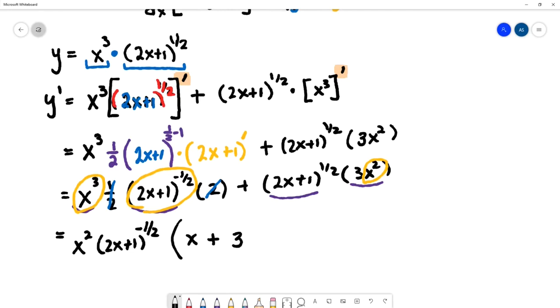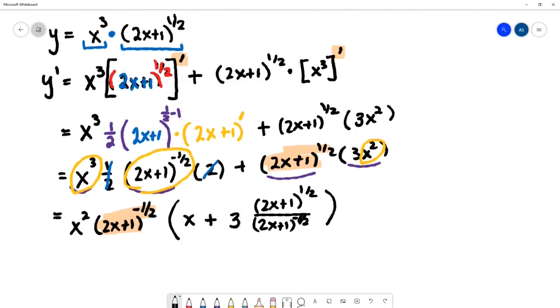And for the 2x plus 1 to the 1/2 power, this is the part that confuses most people. We would have 2x plus 1 to the 1/2 divided by 2x plus 1 to the negative 1/2. When you're factoring it out, you're dividing it out. So I took what's there divided by what I'm factoring out, and I'm going to use that to figure out what's left.